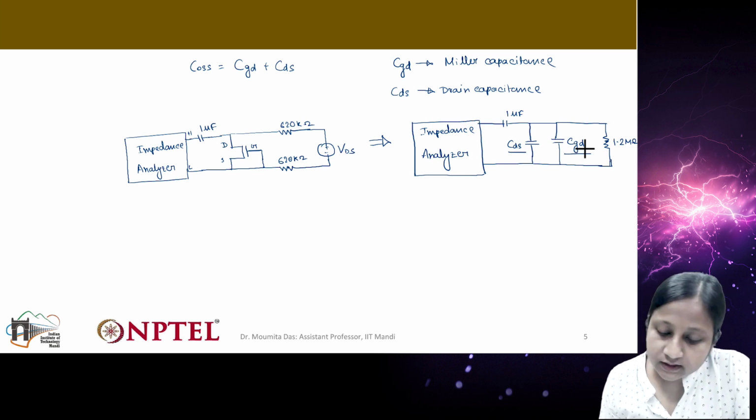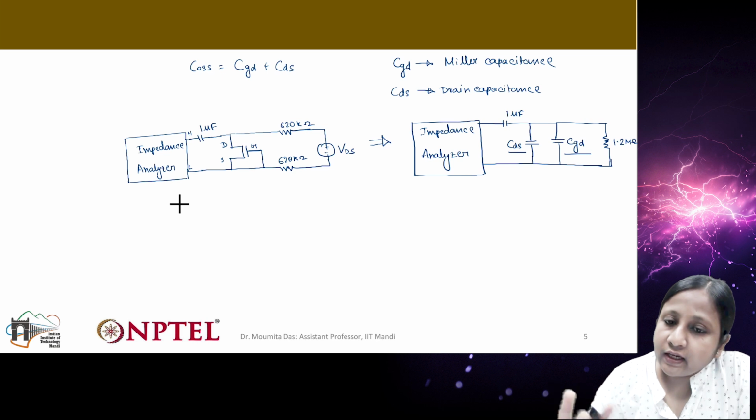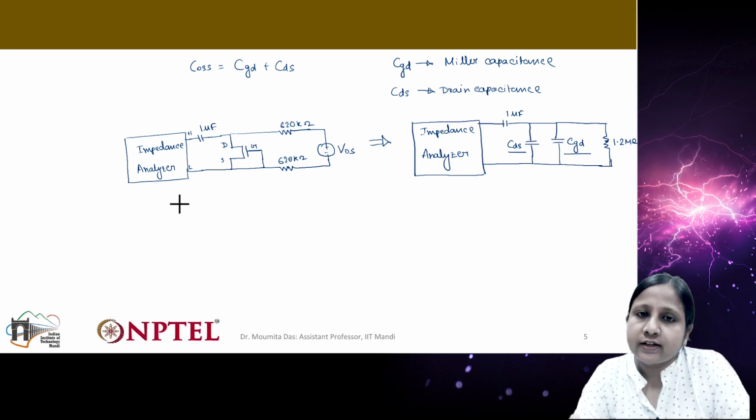So how do the characteristics look? Different devices have different output capacitance values.